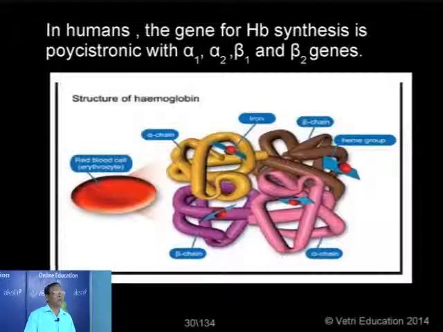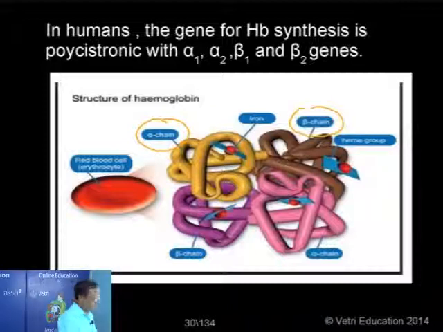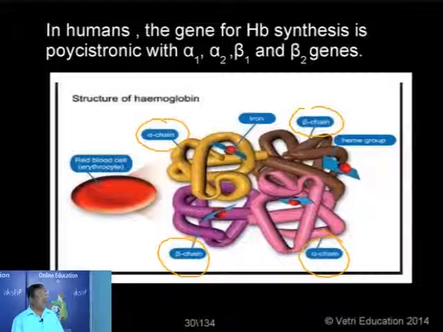The protein part normally contains 586 amino acids arranged in 4 polypeptide chains, named alpha chain and beta chain. There are 2 alpha chains and 2 beta chains. The alpha chains normally contain 146 amino acids. The beta chains normally contain 147 amino acids.